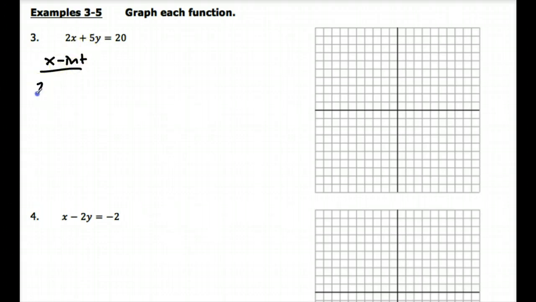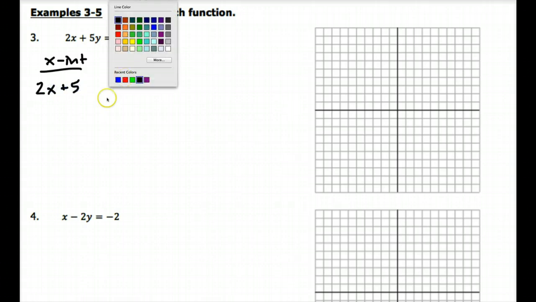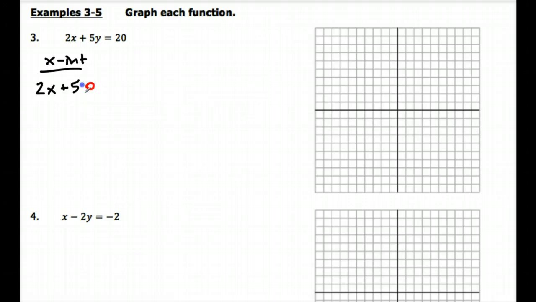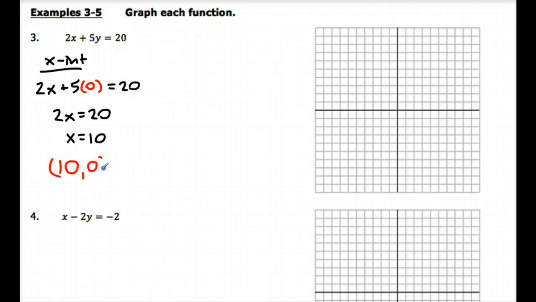We're going to get the equation 2x plus 5 times 0 equals 20, which just means that 2x equals 20, and so x equals 10. So that means there's going to be an x-intercept at the point 10, 0, and I can go ahead and plot that point because I know that my line is going to go through that point.